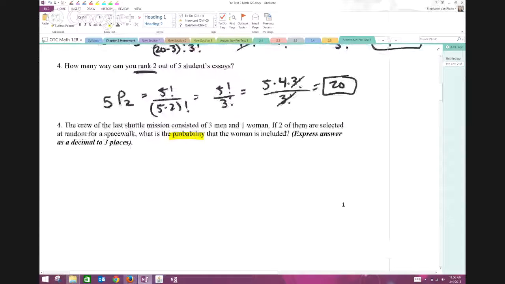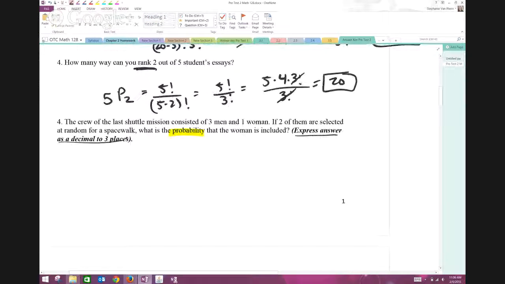Now, sometimes in probability, I'll ask you to put your answer to 3 decimal places, and that's just so I don't have to worry about people reducing fractions properly, and I can just look at the answer in the decimal places. So this example is an application of the probability.